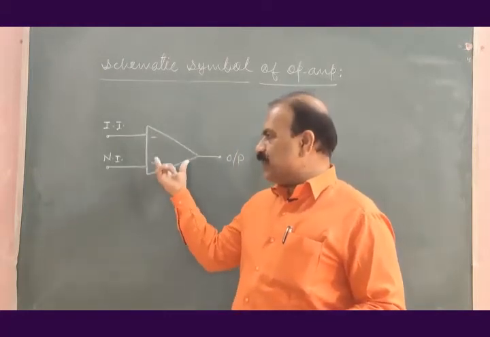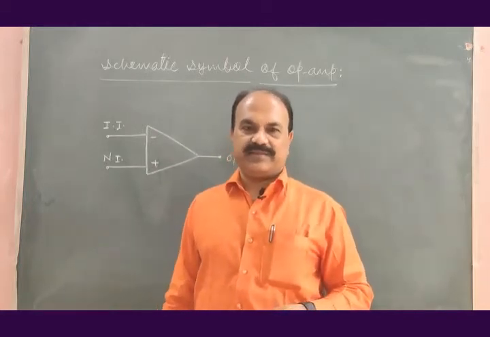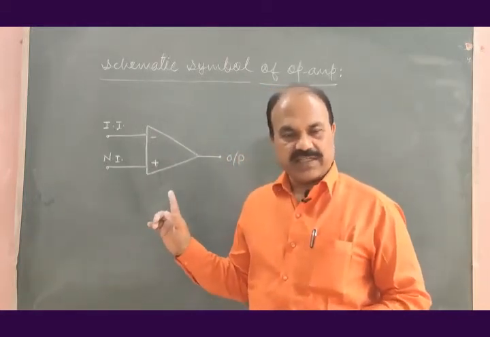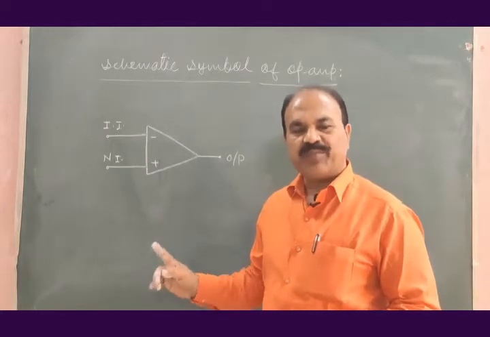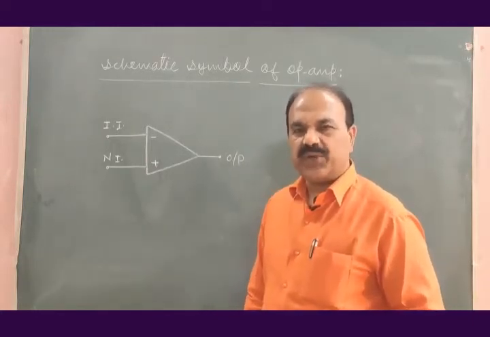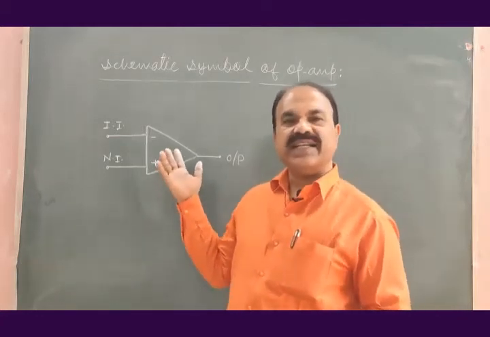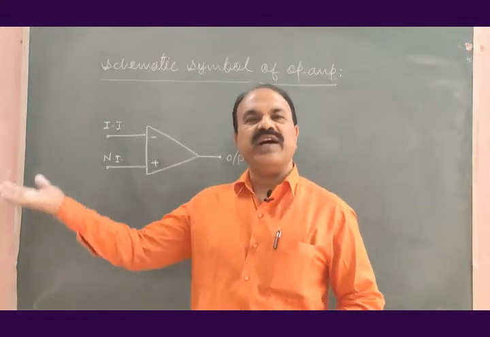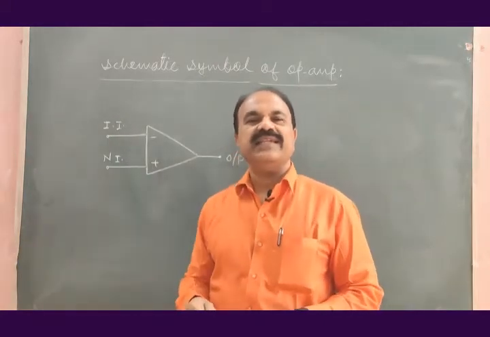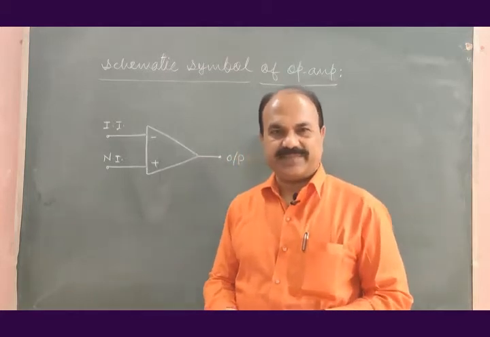This is the symbol used for operational amplifier in any circuit diagram. So whenever you come across such symbol, you must assume that this is the operational amplifier used in that electronic circuit.